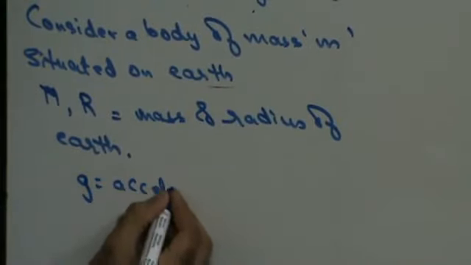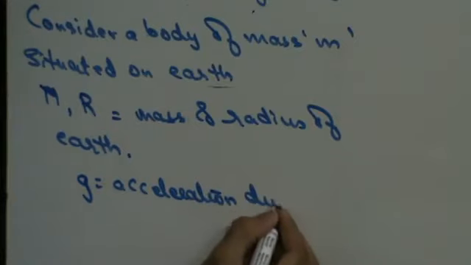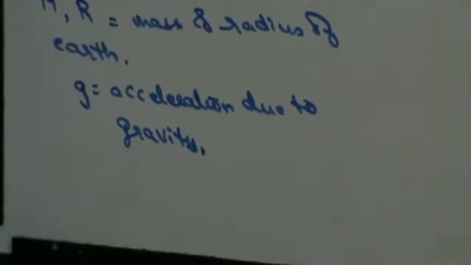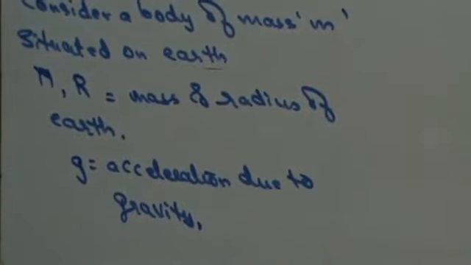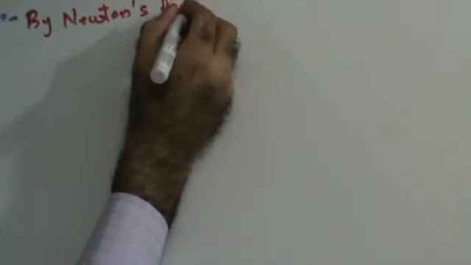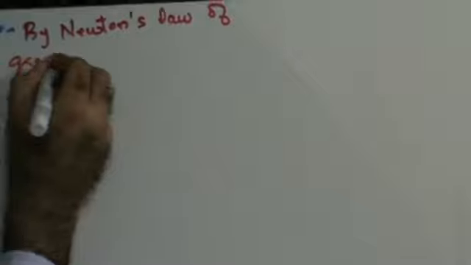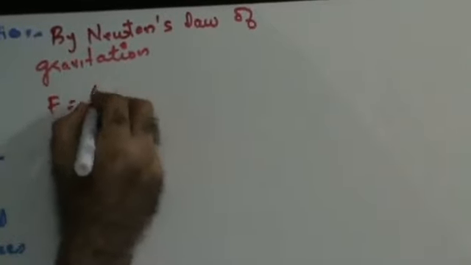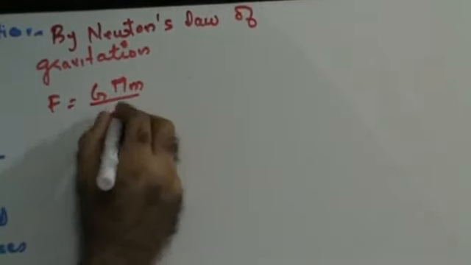In which case I can say that gravitational force, if I apply Newton's law of gravitation, I can say that F is equal to G M m upon r square.